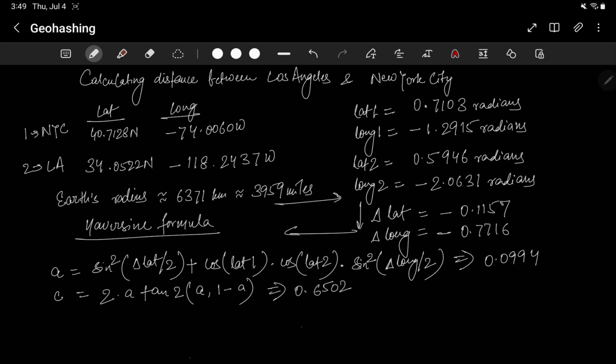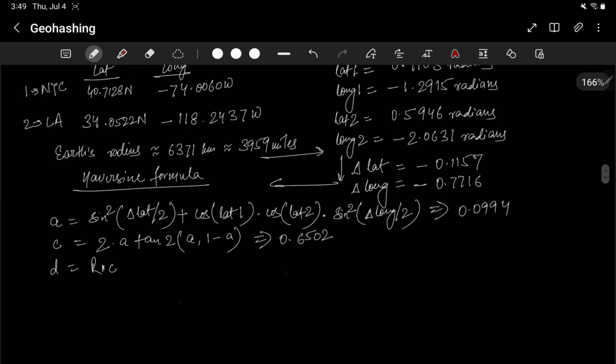Okay, now we calculate the distance, which is given by r times C, where r is the radius of the earth, which we have taken as 6371 kilometers. If we multiply r and C, we will find out that the distance will come out to be 4140.58 kilometers or 2574.14 miles.